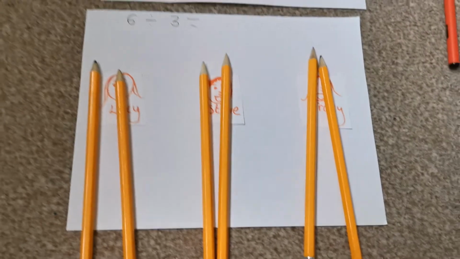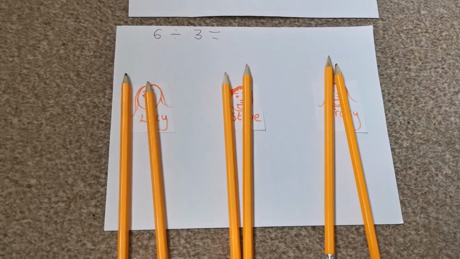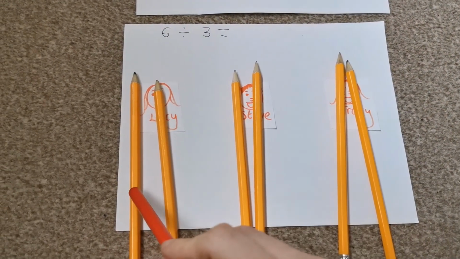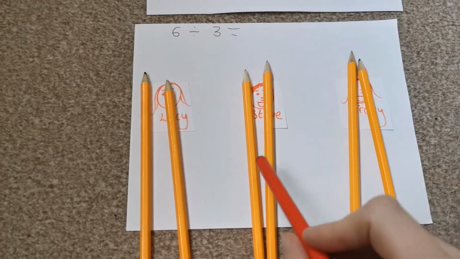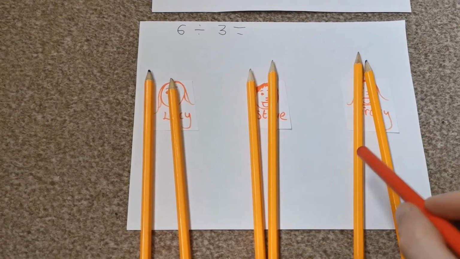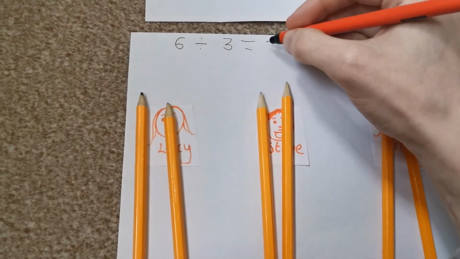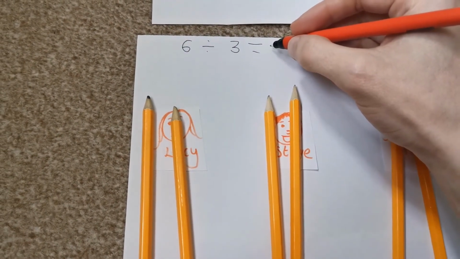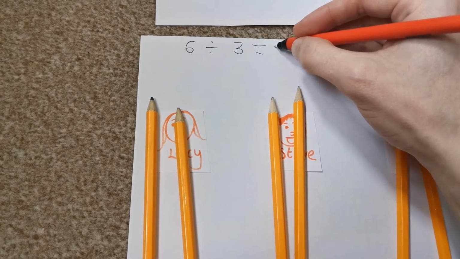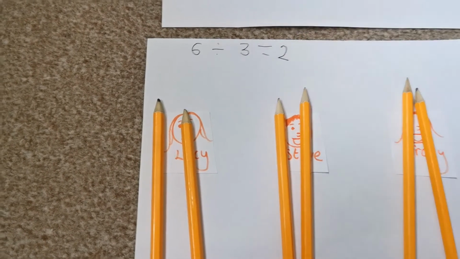So how many does each person get? Lucy's got 1, 2. Steve has got 1, 2. And Tracy has got 1, 2. So 6 divided by 3, or 6 pencils shared between 3 people, is 2.